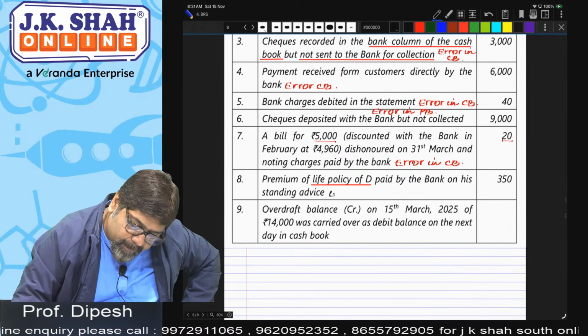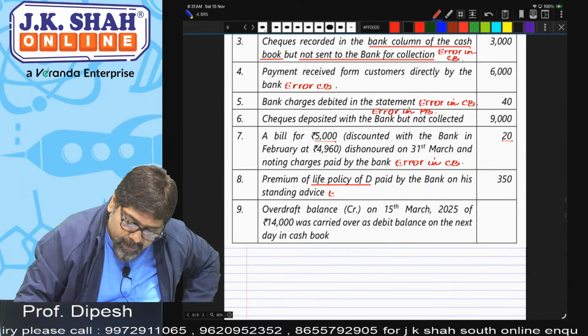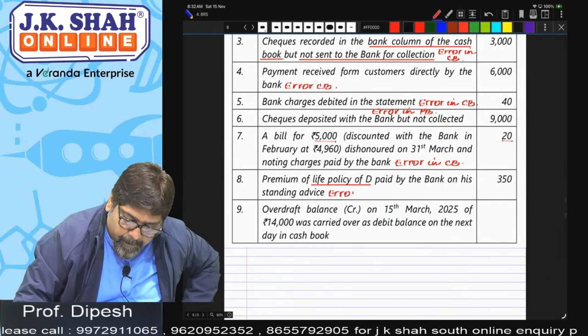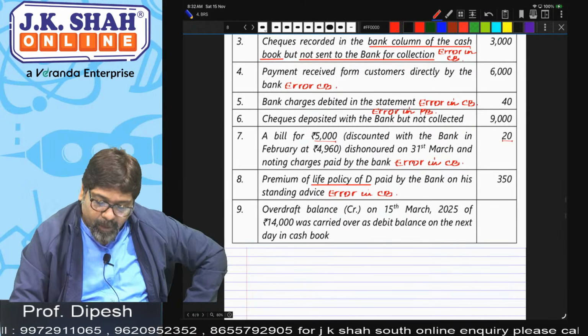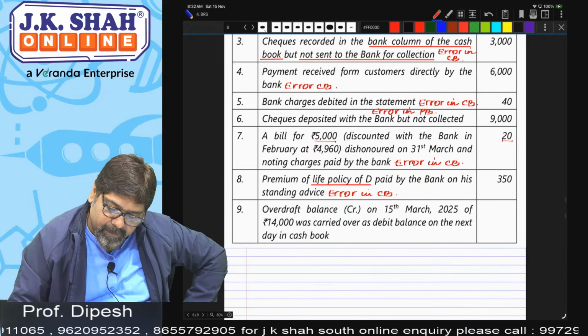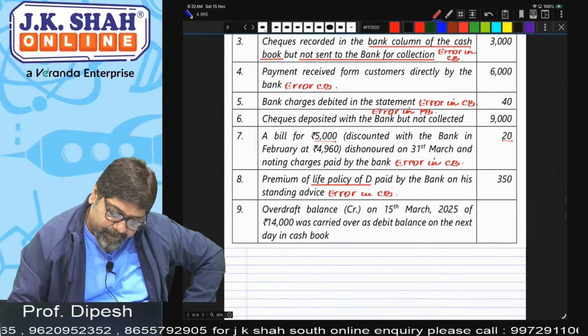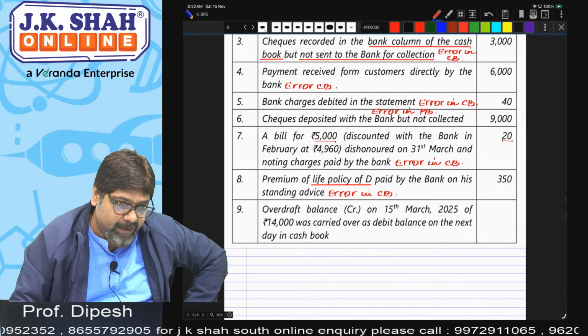This is an error in the cash book. Overdraft balance credit on 15th March 2025 rupees 14,000 was carried forward as debit side on the next day.